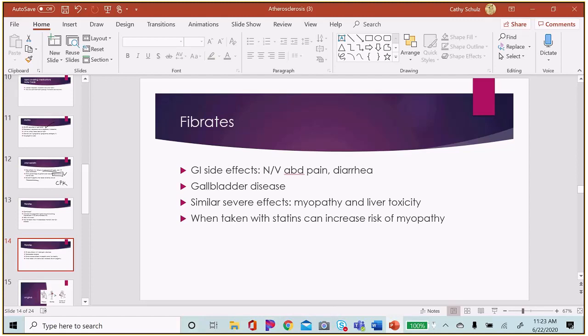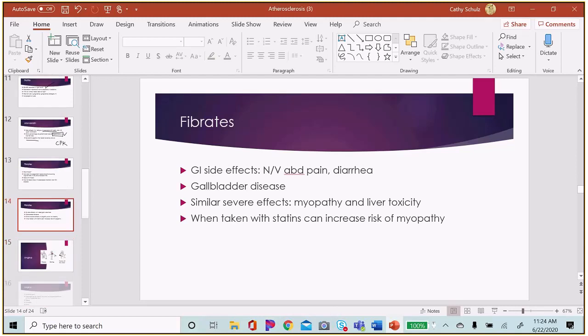It would be better if you could take the statin, but if you take them both together, the risk of myopathy is very great. And the other issue is gallbladder disease. Because it can change the way people process fat, blocking that lipoprotein lipase enzyme can make gallbladder disease worse.